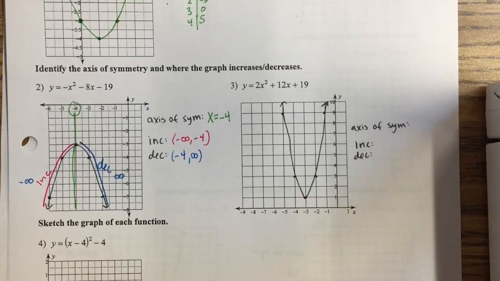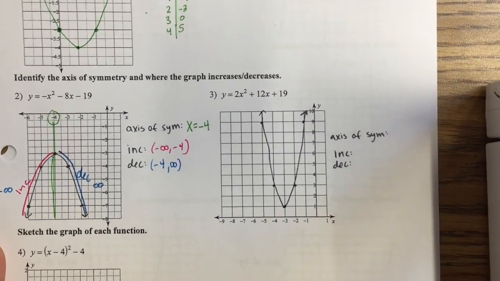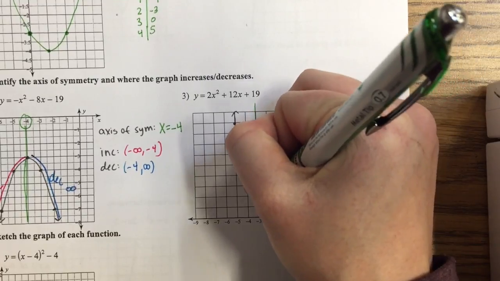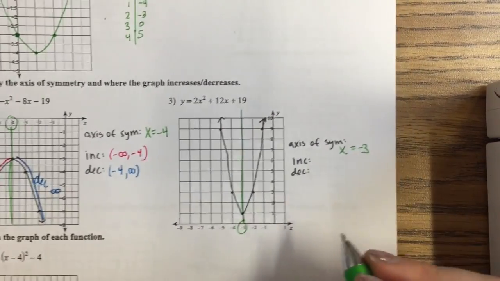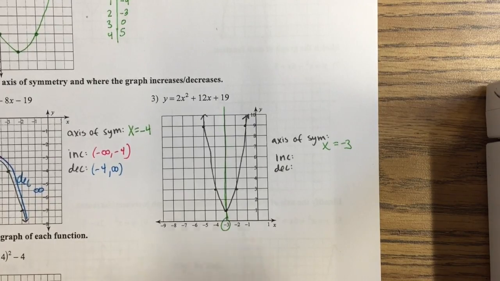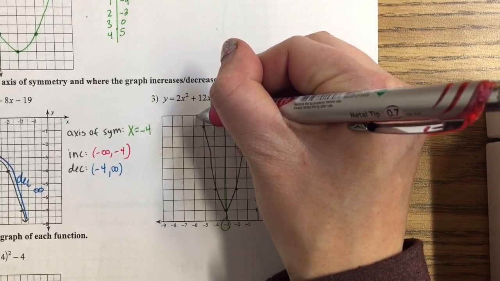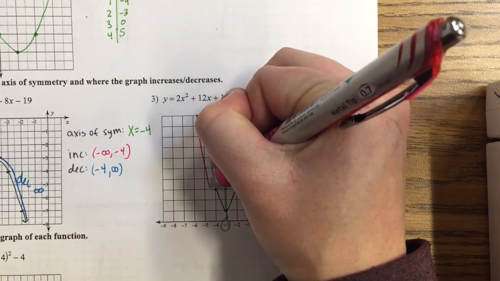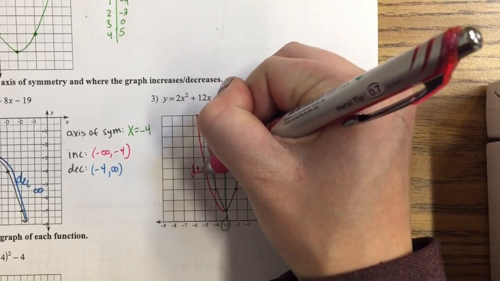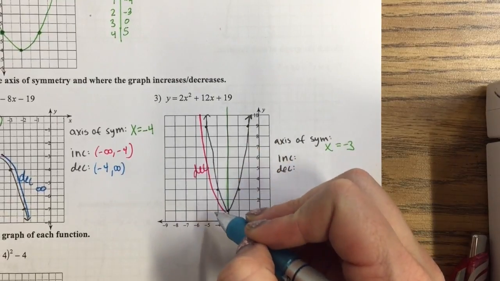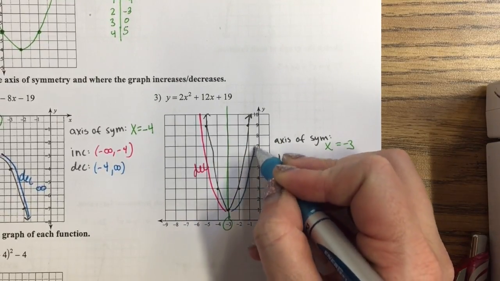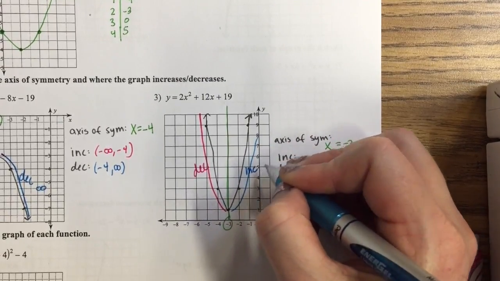Right, let's try again. Axis of symmetry is right down the middle, so I cut it in half, and it hits at -3. Then I look from left to right. As I draw down, this is decreasing. Then as I continue to draw, it starts to go back up, which would mean this side's increasing.